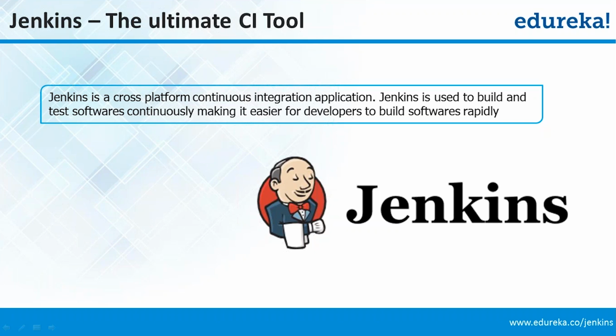So if you want to run a Maven job, you need to install the Maven plugin. If you want to run a GitHub integration, or you want to integrate it with Subversion, you need to have some plugins installed. But it's really good that Jenkins ships with a few plugins already installed that would help you get the stuff up and running very fast. But if you want some customized stuff, you always need to have plugins, and they're always there. There are thousands of plugins available with Jenkins that will help you to integrate any tool that is available in the market.